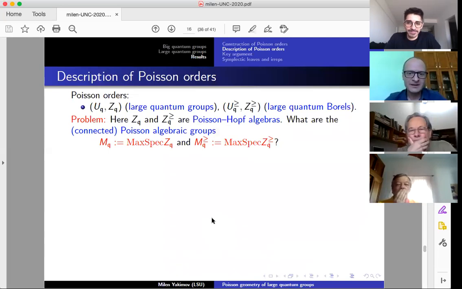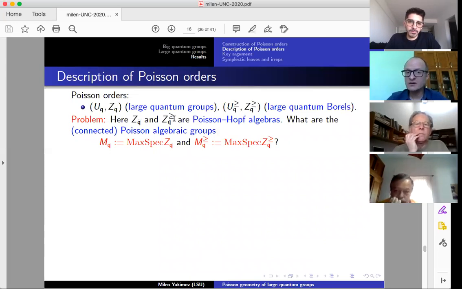So now from the previous slide, we have Poisson orders that are related to the large quantum group UQ and to the analog of quantum Borel. So this is the UQ greater or equal than 0. So these are the large quantum Borels and the large quantum groups. Inside we have the center, the special central subalgebras.